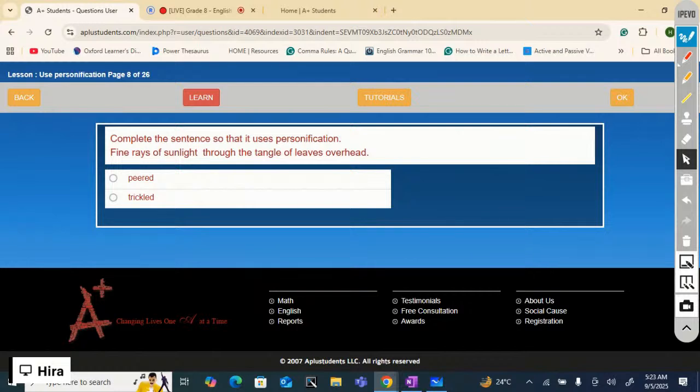So which option completes the sentence so that it uses personification? Peered, or trickled?